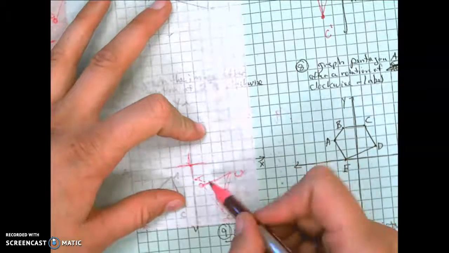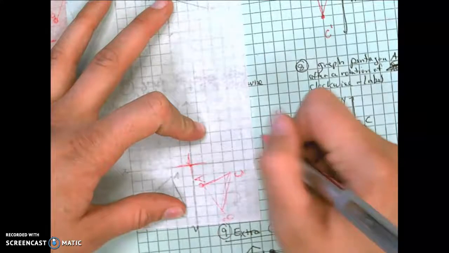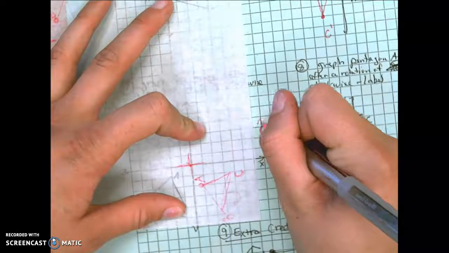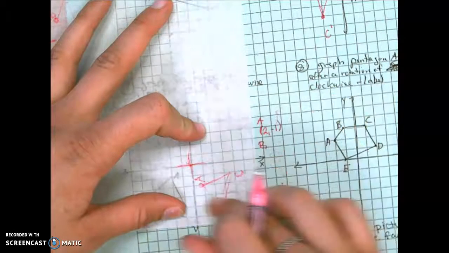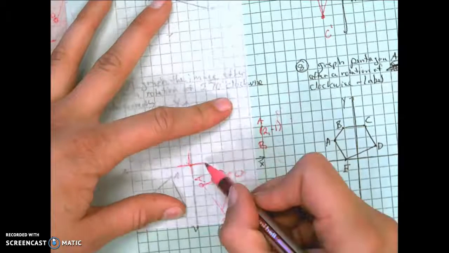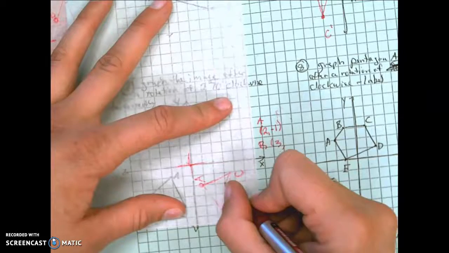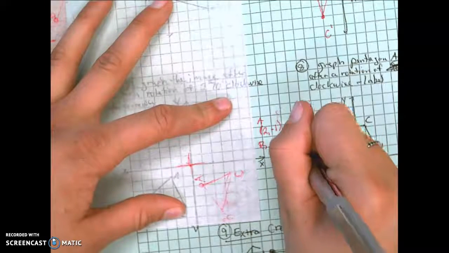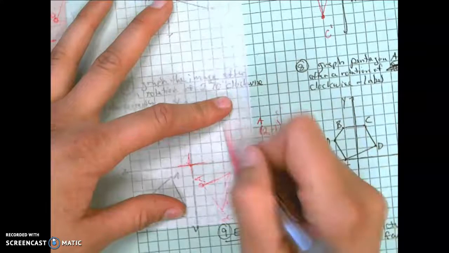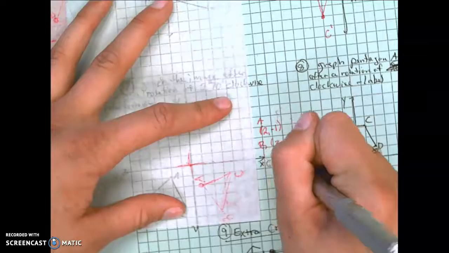So, looks like A is going to be at 2, -1. So I might write this over here so I don't forget. A is at 2, -1. Looks like B is at 3, -5. Looks like C is right at 4, -1.